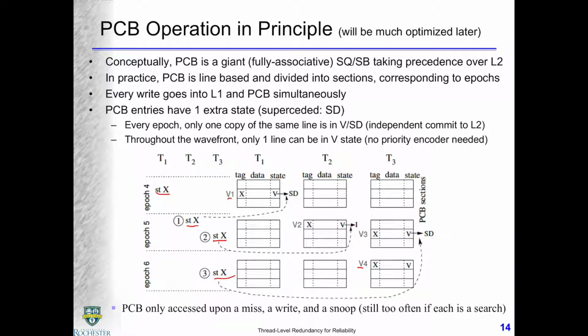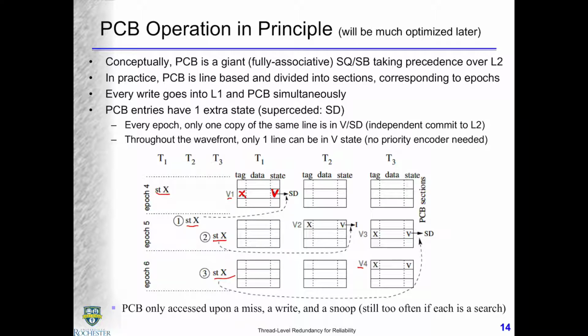And this is what happens. At the first epoch, the epoch 4, the first write, okay, we allocate an entry. The tag is X, this is cache line X, and right now it's valid. Okay, so if I miss in my L1 cache, I have to come to my PCB and search.